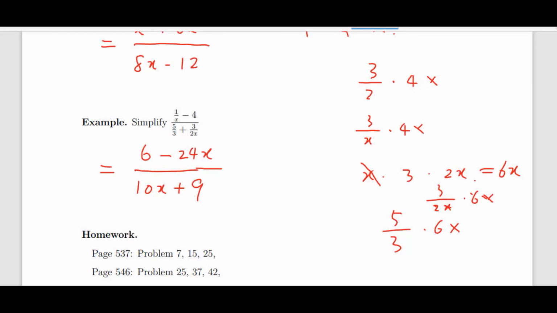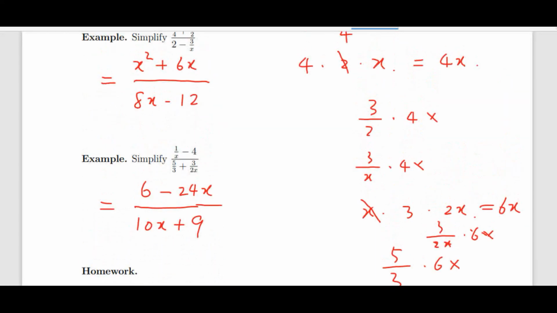For those, we just simplify. If we can simplify, we just simplify, either by simplifying the complex fraction or by factoring. Okay, so we can stop here.